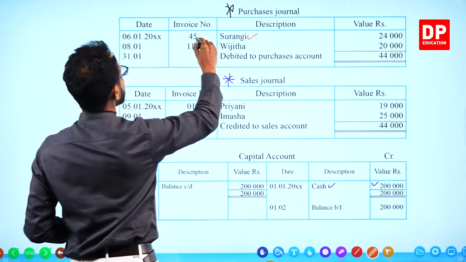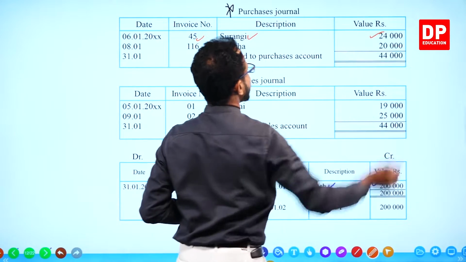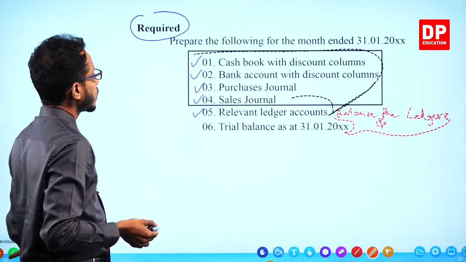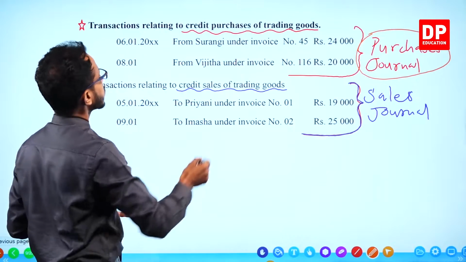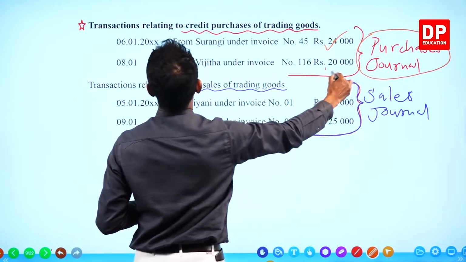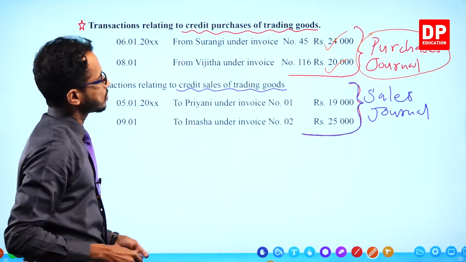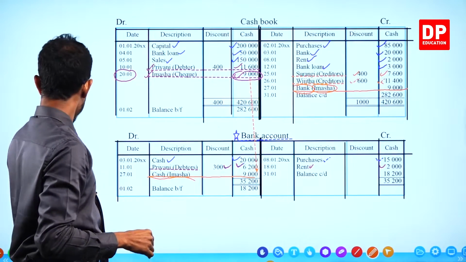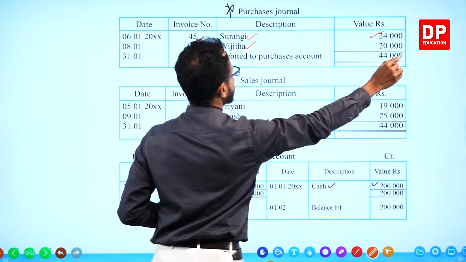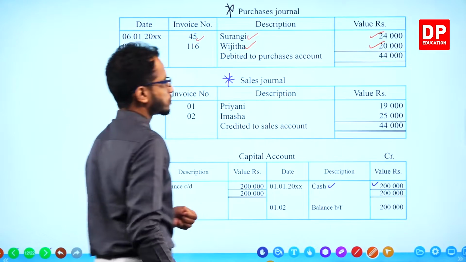Surangi, invoice number 45, 24,000. Purchases journal. Another one for purchases journal here. This is done. From Vijitha, we purchased 20,000 worth of goods. Directly goes to purchases journal. Description Vijitha, 20,000.